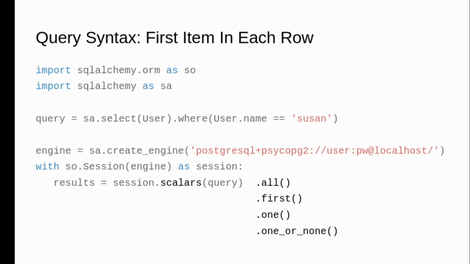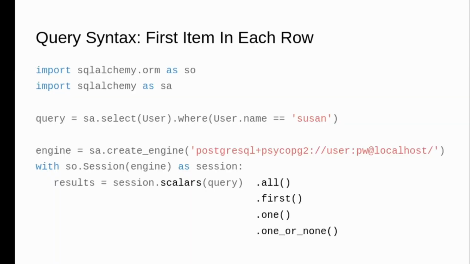If there are any additional results, they will be thrown away. So you use this when you know that you're going to get one element per row. And then, like before with execute, you have all, first, one and one_or_none to work with those results.